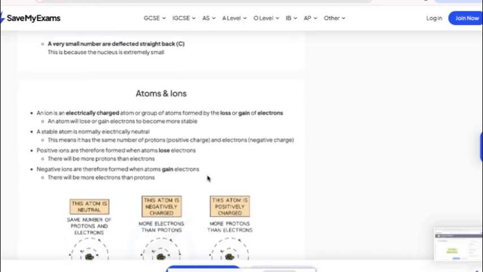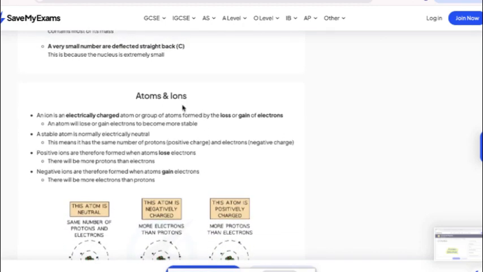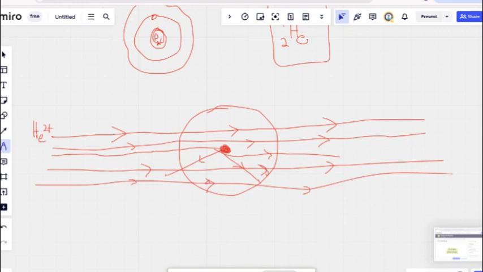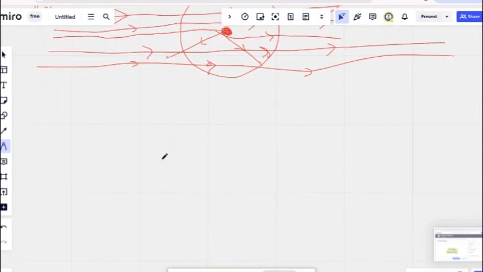Now let's take a look at atoms and ions. An ion is an electrically charged atom. When an atom loses or gains electrons, it becomes an ion. For example, take a sodium atom.